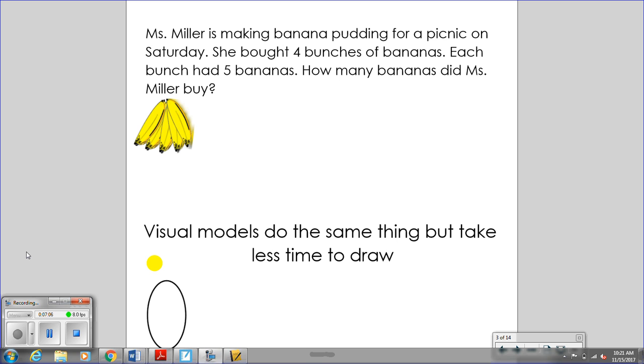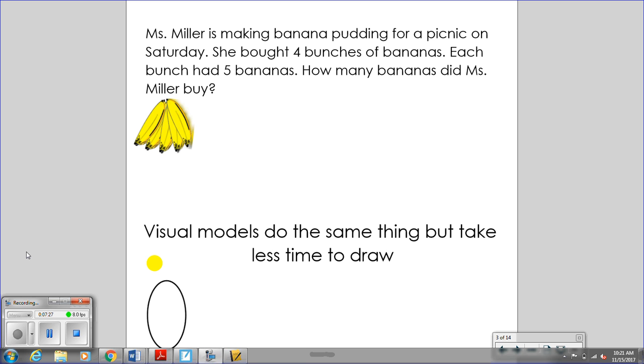She bought 4 bunches of bananas. A bunch is when they're all grouped together, like when you go to the grocery store and they're all kind of stuck together. I bought 4 bunches of bananas. Each bunch had 5 bananas. How many bananas did Miss Miller buy?